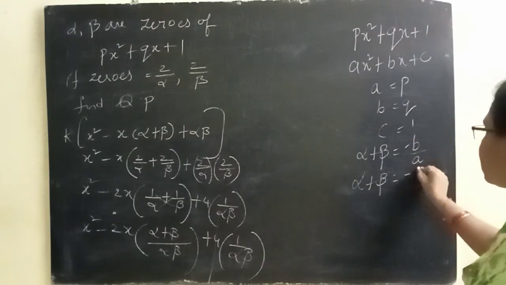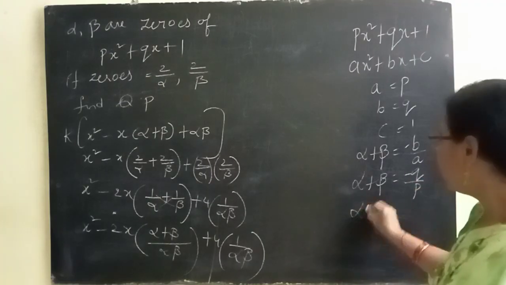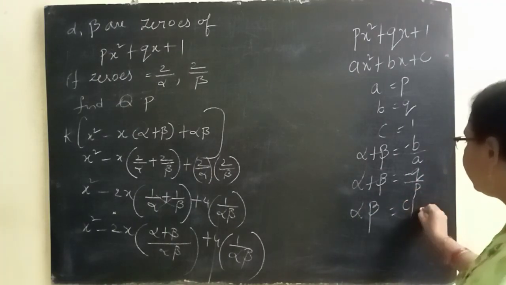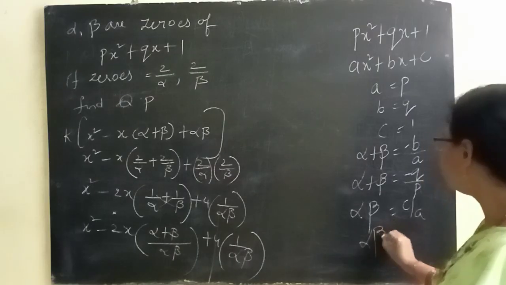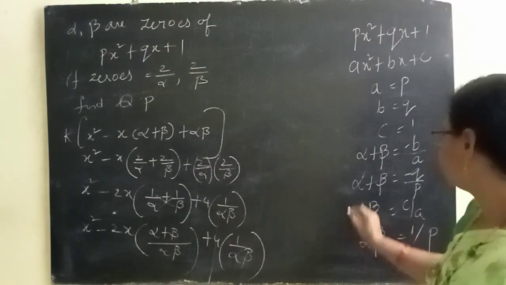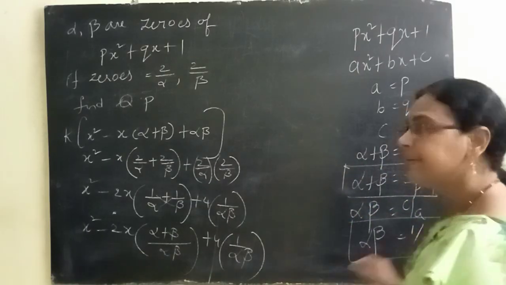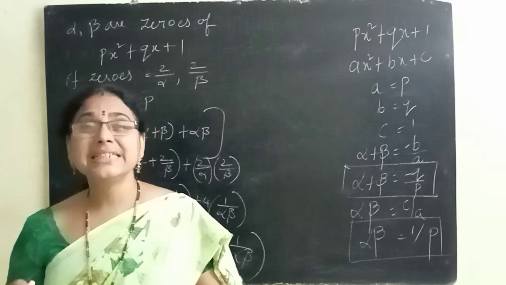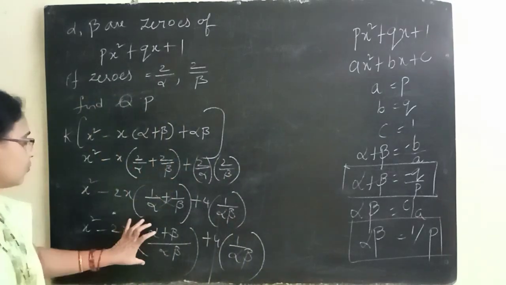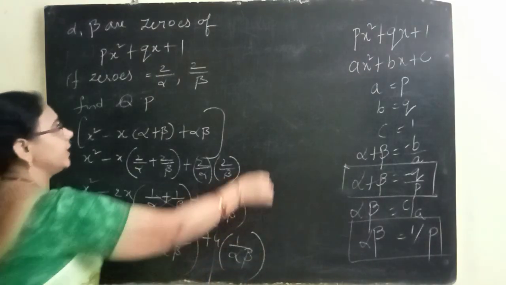Minus b means it's q, a means it's p. Q by p with the minus sign. Alpha beta is c by a. That is c means it's 1, a means it's p. So you have sum of zeros and product of zeros. Just you have to substitute these values wherever you observed alpha plus beta, alpha into beta.